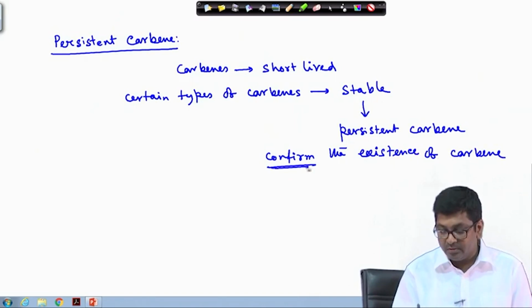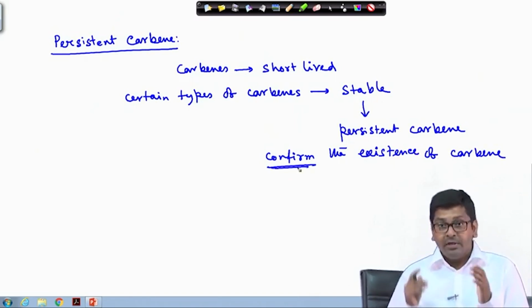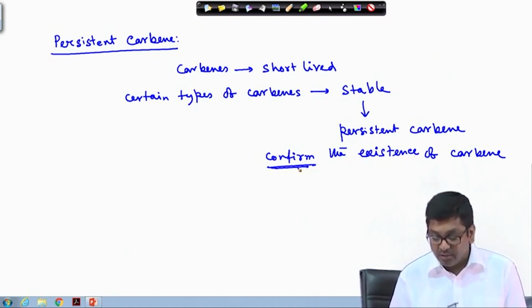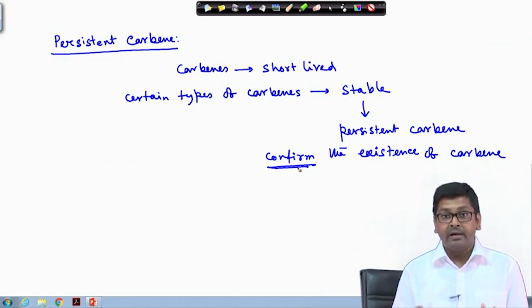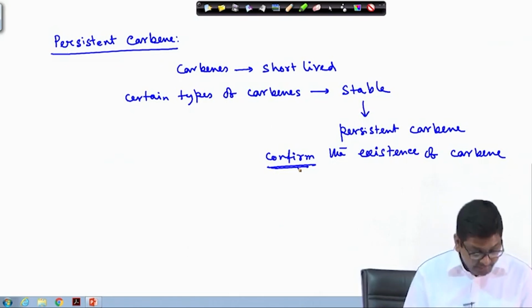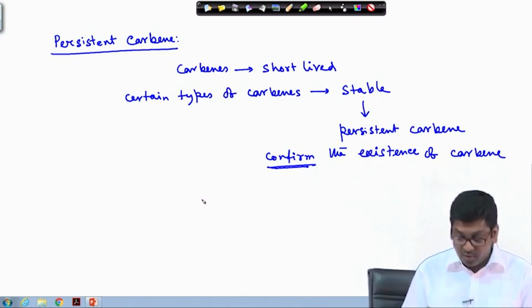So, even though it is short lived, due to the presence of certain types of stable carbenes, we can confirm that carbenes are forming.